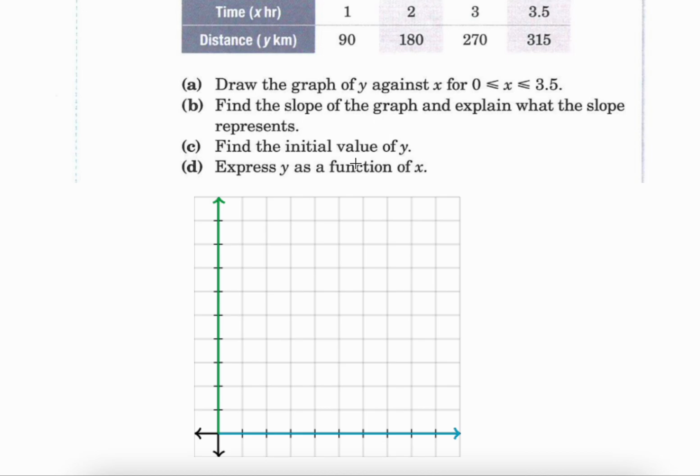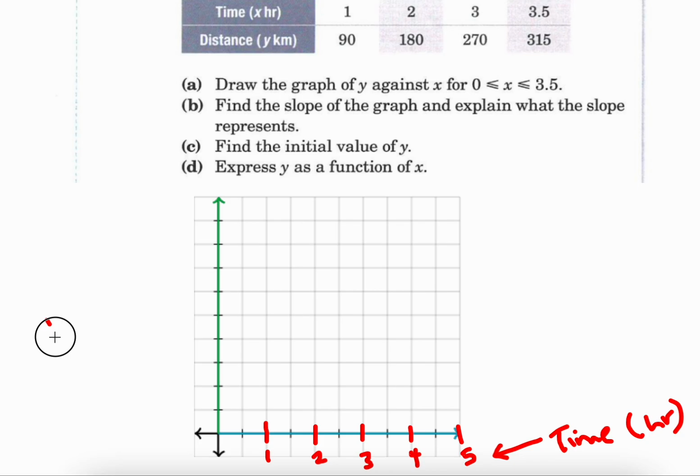So let's start off with our graph. I need just the values of x between 0 and 3.5. Let me label by going by ones: 2, 3, 4, and 5. Again, this represents our time in hours. And going up and down our y-axis, they're telling us that's our distance. I always want to label my graph so I know what's going on.